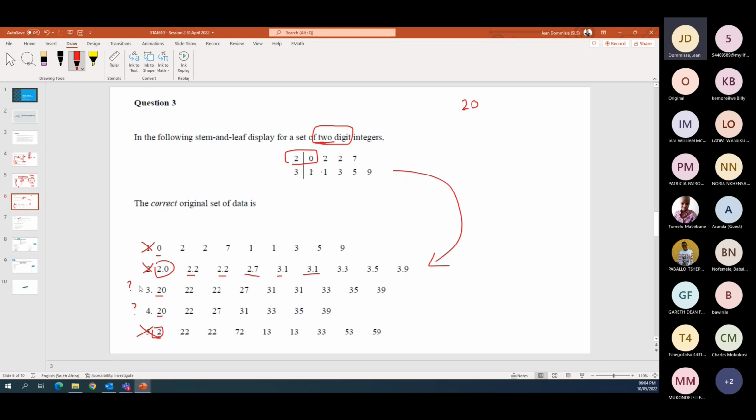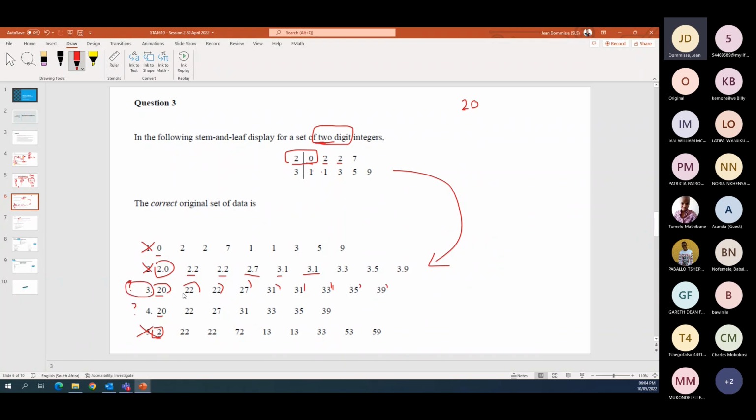We're basically sitting with 2 options available: 20, 22, another 22, 27, 31, 31, 35, 31, 31, 33, 35, 39. So option 3 will be the correct one.